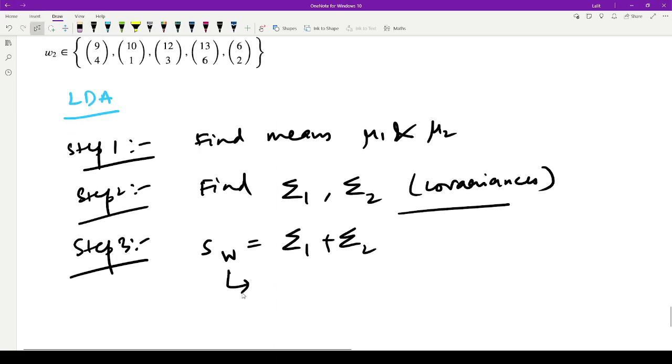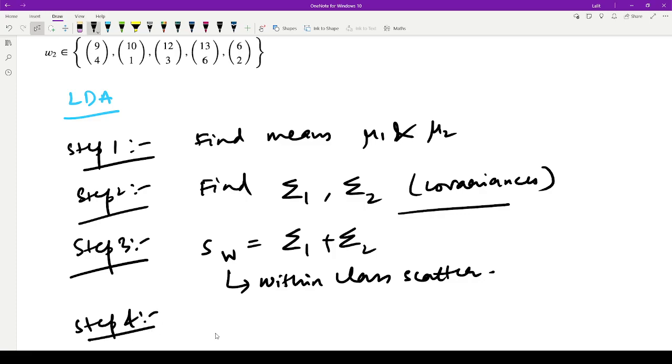So this is the within class scatter or within class covariance. And the next is between class covariance. How does it look? It is mu1 minus mu2 into mu1 minus mu2 transpose.